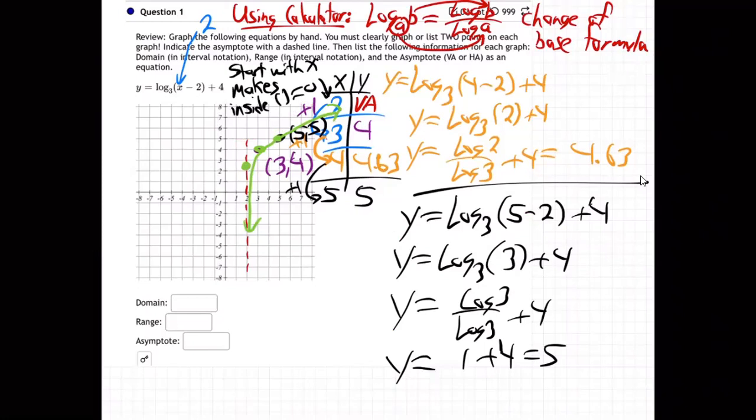So I plugged in 2 because that made the inside of the parentheses 0. And that will give you your vertical asymptote line, because it'll be an error on your calculator. So that's your VA. You have to click on that first. That's at 2.